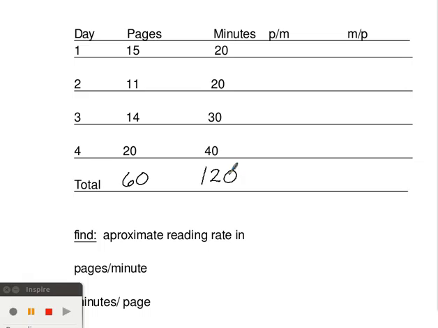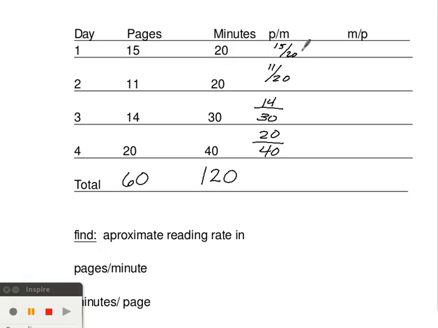you need to get used to making columns, because once you get into your further algebra studies, you're going to need to do some kind of rate work. This means pages per minute. So on day 1, they read 15 pages in 20 minutes. In day 2, 11 pages in 20 minutes. In day 3, 14 pages in 30 minutes. In day 4, 20 pages in 40 minutes.